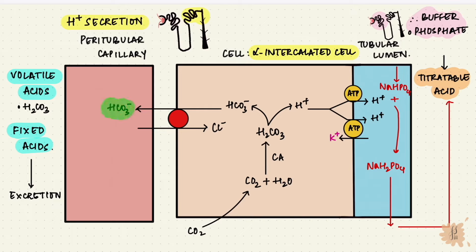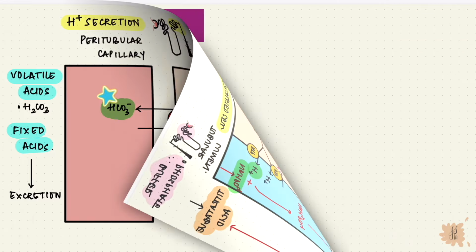Now, this bicarbonate that is generated is new. It's not just replacing what was filtered, since the hydrogen ion joined a buffer that is not bicarbonate. So we've effectively created a new bicarbonate molecule. But since phosphate does get reabsorbed, the amount here is small, and that's why there's an ammonia buffer.